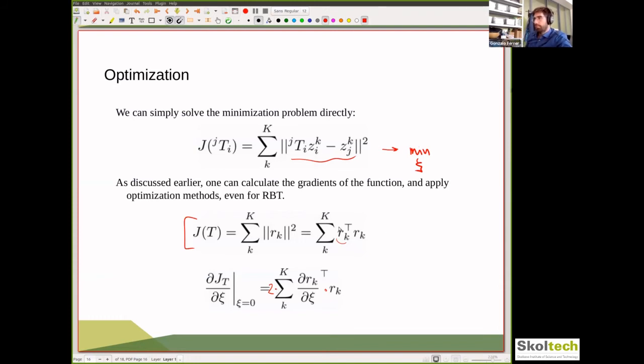So how to calculate this? Well, in fact, this residual is just, we can put it this way, right? Instead of sets, we could be putting this. And does this residual resemble something?